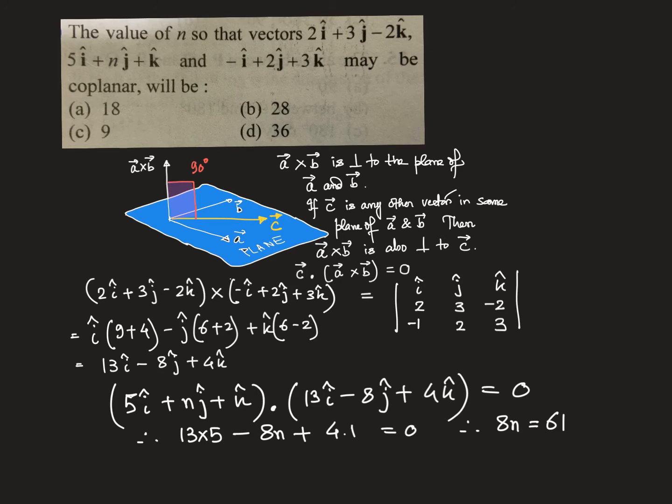Oh yes, for k there was a calculation mistake. 2 into 2 minus 1 into minus 3, that means 4 plus 3, 7, right? So there you have 7.